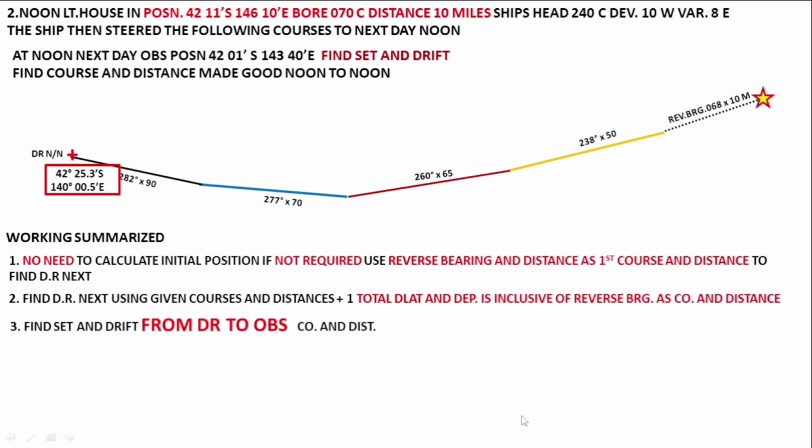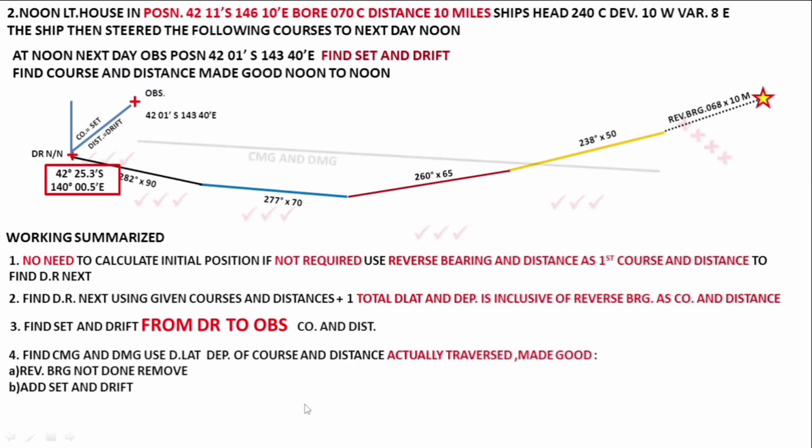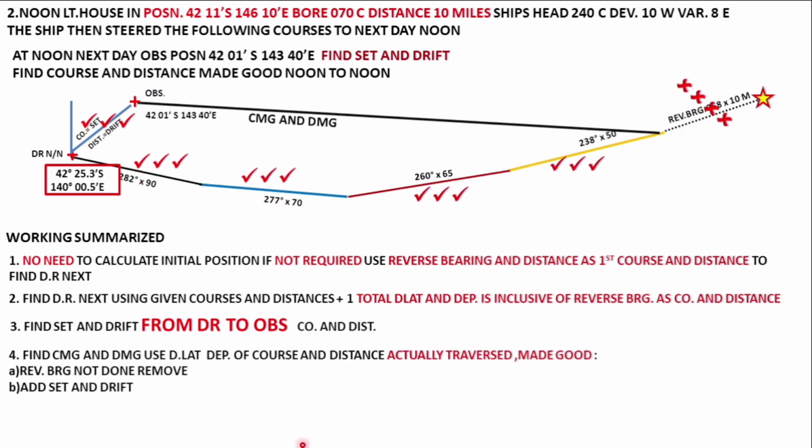And to find the set and drift, you always got to find out the course and distance between the observed and the DR. Always remember, from DR to observed, course and distance from DR to observed. To find course made good, you find out the departure and DLAT, what the ship has done.